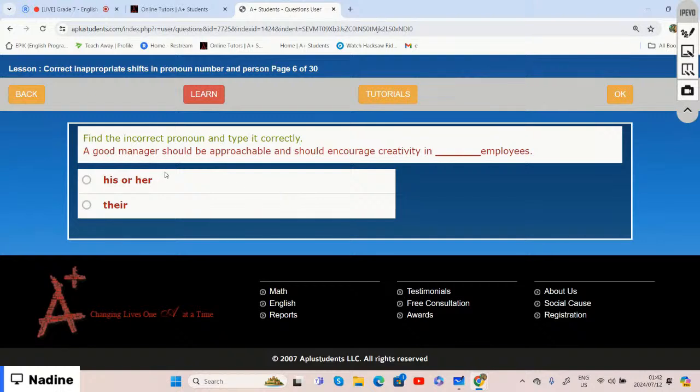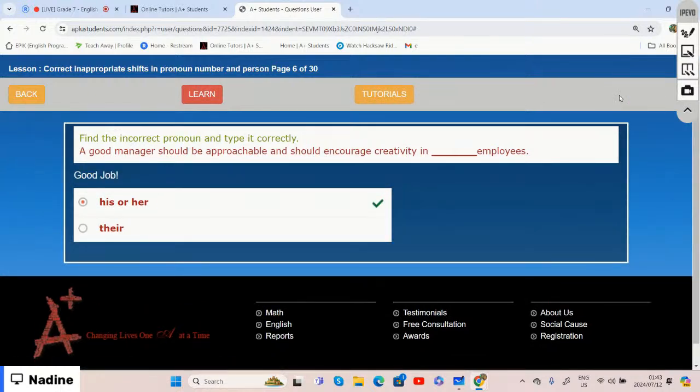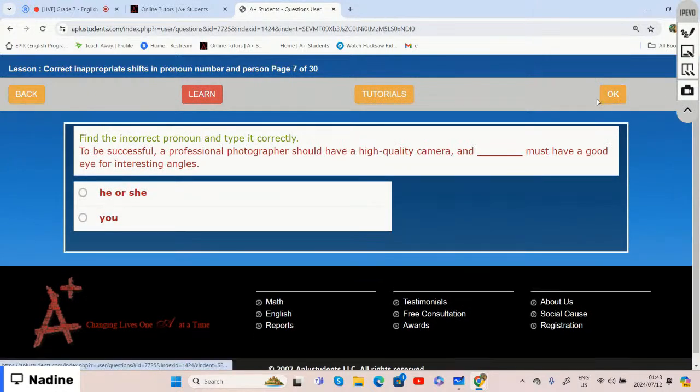And the reason why I'm constantly saying either one or more than one is because I also want you to get the idea of how to use it. So I'm saying a good manager, meaning we're referring to one manager, should be approachable and should encourage creativity in his or her employees. And his or her is correct.